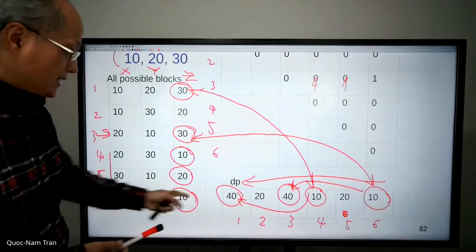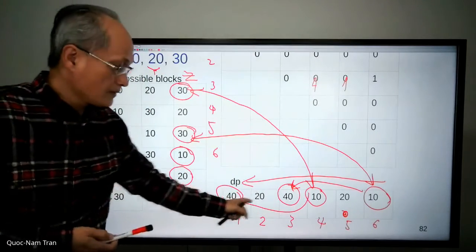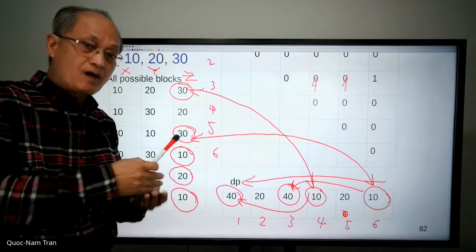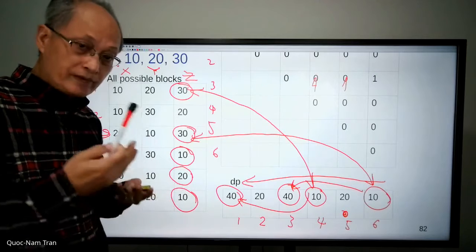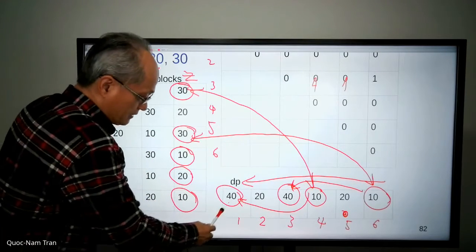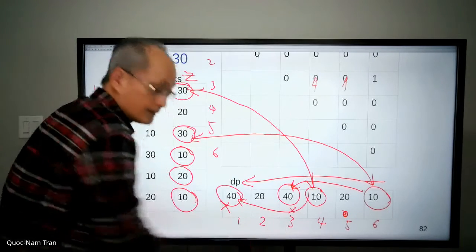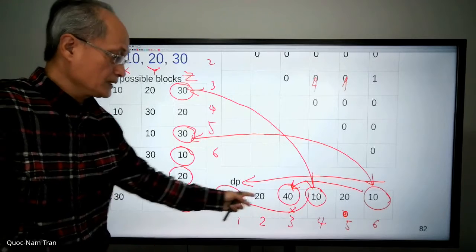So after we are done, we just select the biggest value on the DP, and this is the tallest height of the tower, right? So there are 2 different ways we can use for building the tower. One is here, and one is here, right? So we can just simply print out 40.